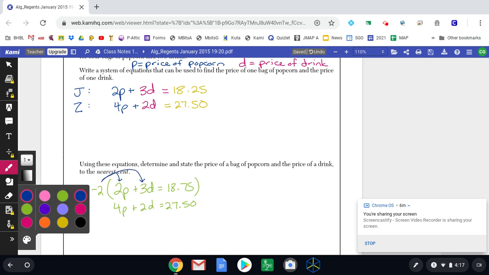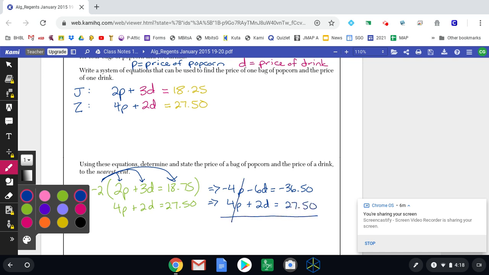And when I do, I'm going to end up with an equation where I have negative 4p minus 6d equals negative 3650. And this equation, nothing happened over here. 4p plus 2d equals 2750.